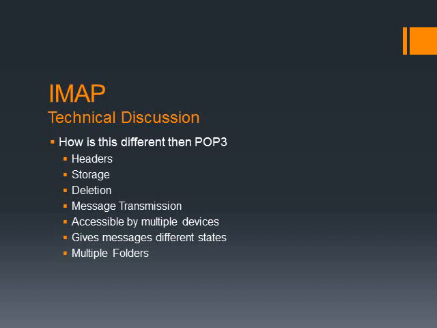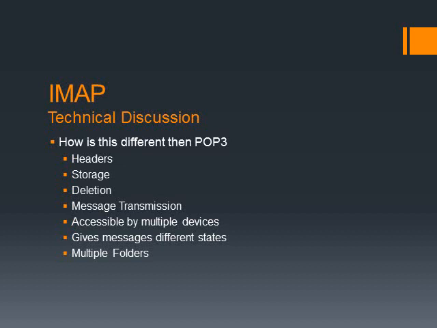Now, IMAP is different. Like I said before, you choose what message it is by the header, and once you do that, that's what downloads. So POP3 could be troublesome if you want to get to a message really quick and you can't because you have to download all the messages that are before that message.